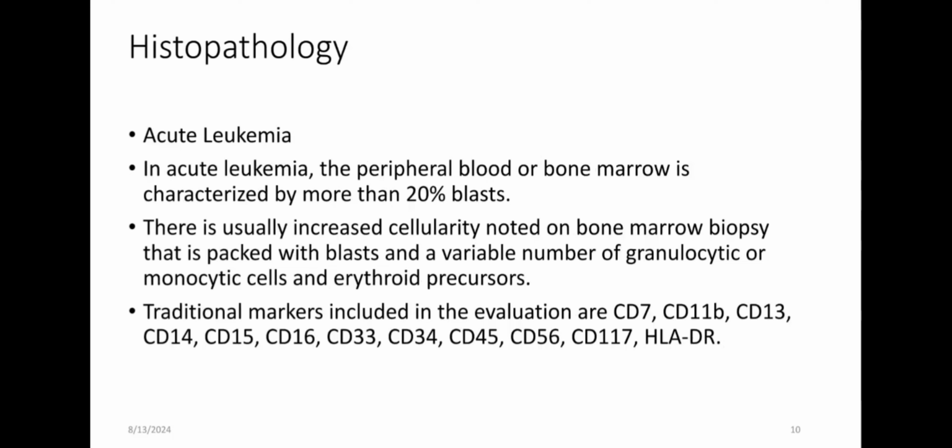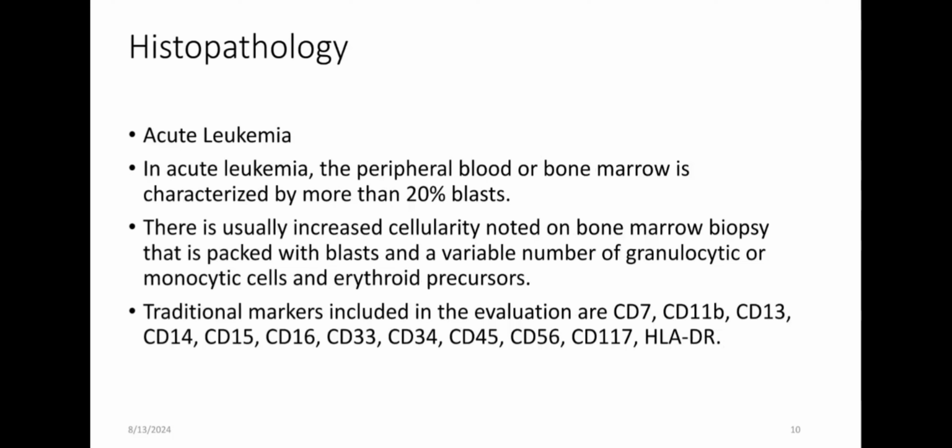Histopathology. In acute leukemia, the peripheral blood or bone marrow is characterized by more than 20% blasts. There is usually increased cellularity noted on bone marrow biopsy that is packed with blasts and a variable number of granulocytic or monocytic cells and erythroid precursors.